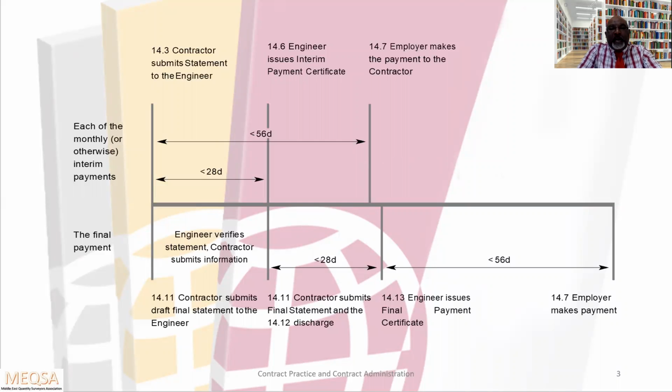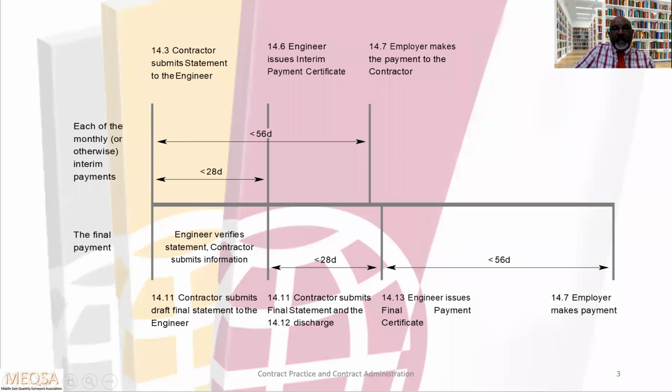This is the most important. Generally, they are asking this question in the APC panel: how the time will commence, when the time will commence for the interim payment certificate as per the FIDIC 99. So you have to say from the contractor submitting the statement to the engineer. So from that, the clock will start.